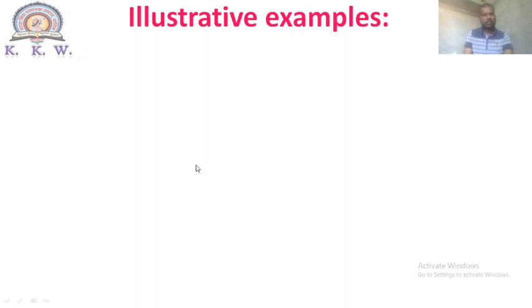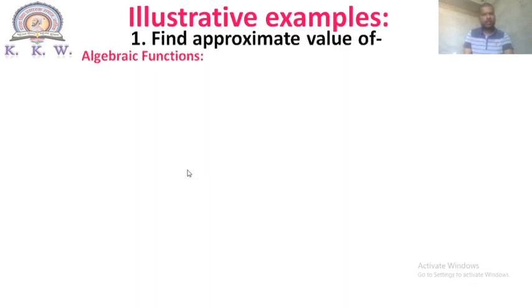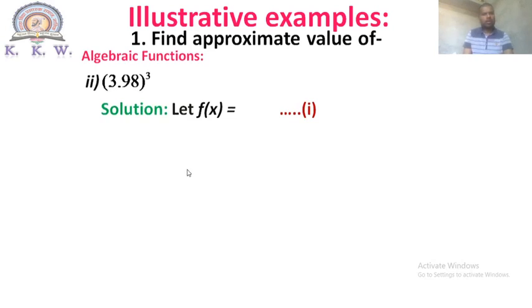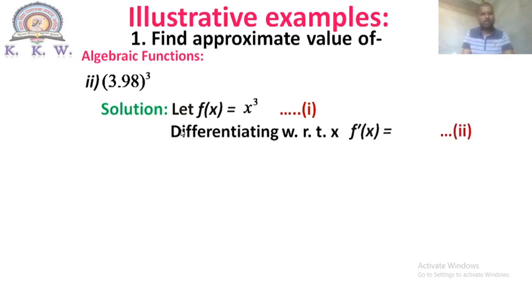Now, next example is find approximate value of 3.98 cube. Now, we'll find f of x appropriate to the given value. So, f of x can be defined as x cube. Therefore, differentiating it with x, we get f dash of x is 3x square.